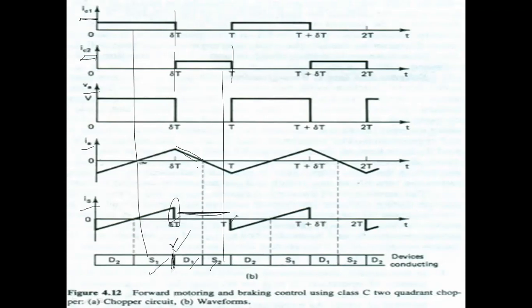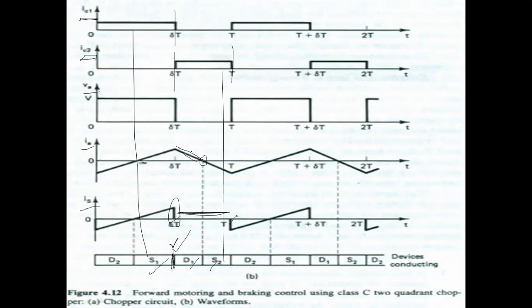So what happens? This prevents the armature current from staying at the 0 value for a finite interval of time. If the armature current stays here for a duration of some milliseconds, there exists a discontinuous conduction mode.